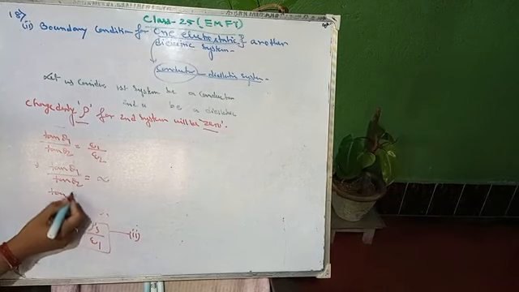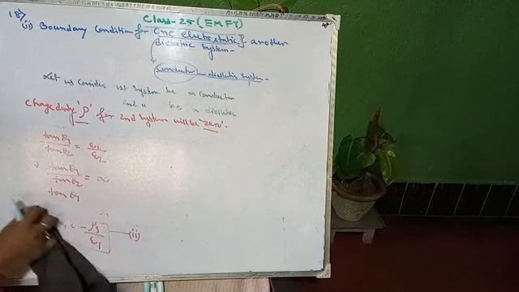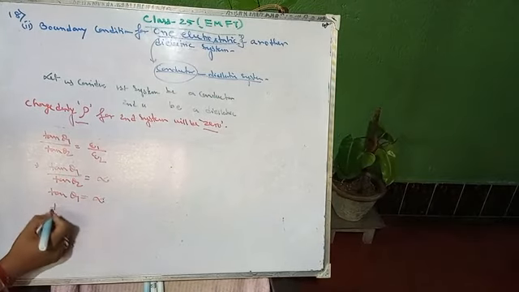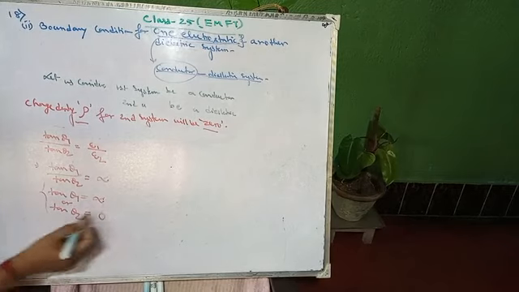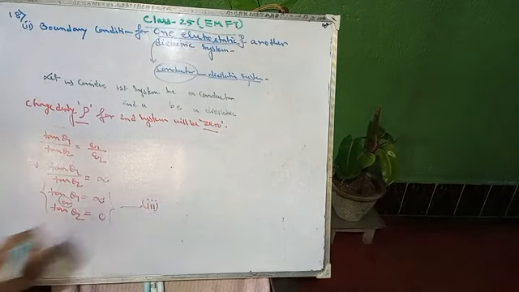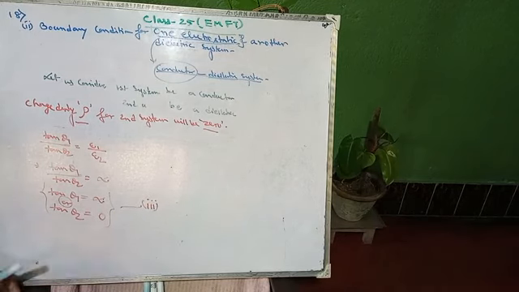That means tan theta 1 equals infinity and tan theta 2 equals 0. So these two odd conditions will be your condition number 3. So these are the three boundary conditions for one electrostatic and another dielectric system.